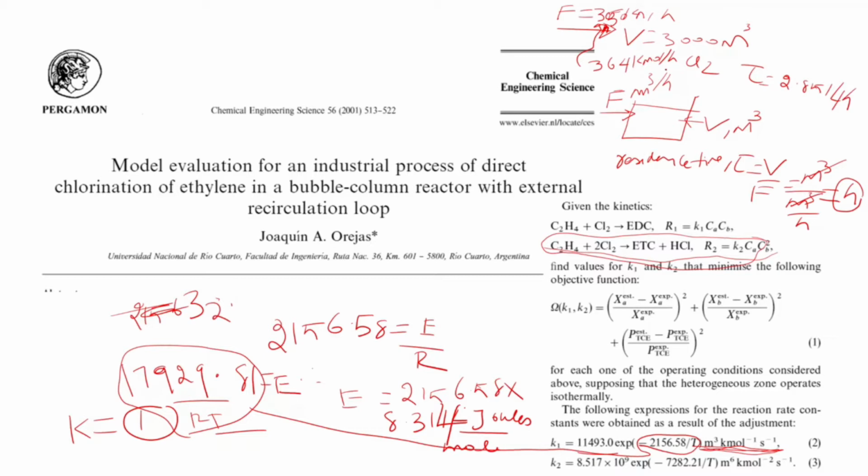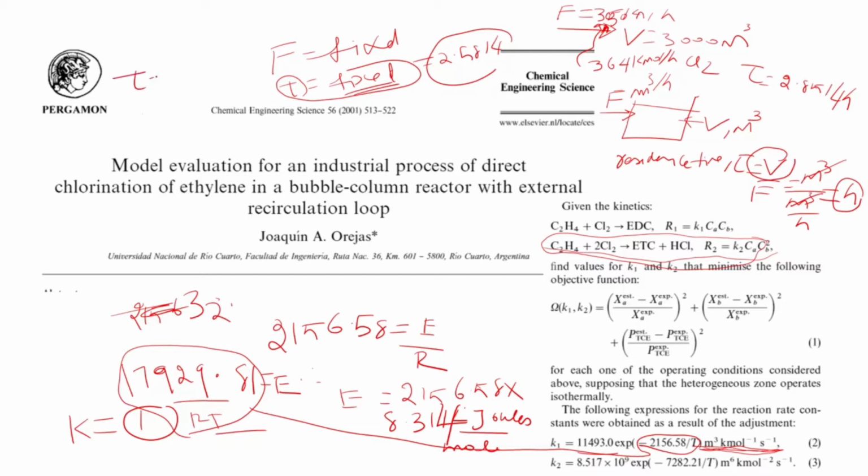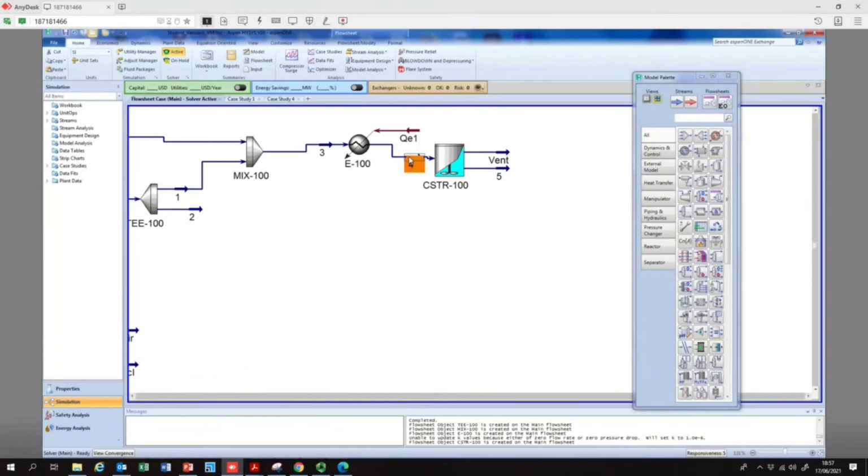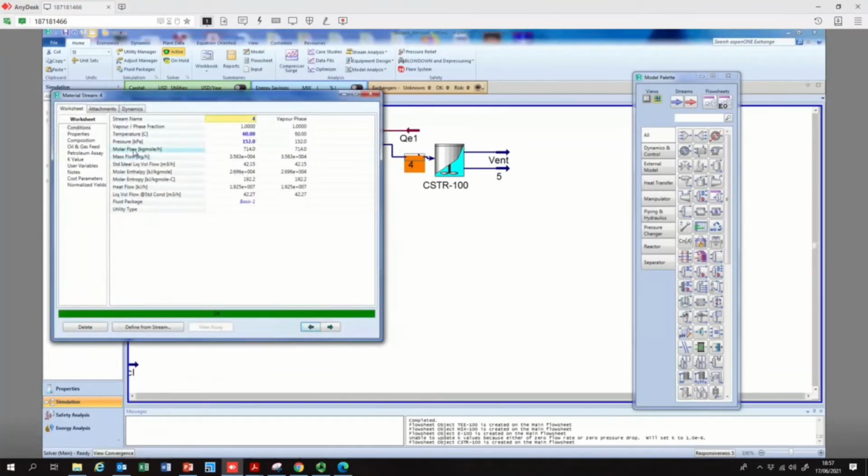So for a fixed flow rate and fixed tau, in order to get tau equal to 2.5814, obviously we need to change the volume. So tau is equal to V by F. Let's go back to the Excel sheet. If we double click stream 4, the molar flow rate is 714 kilomoles per hour.